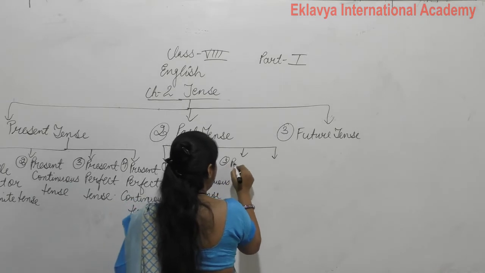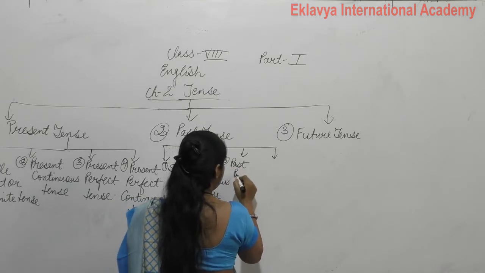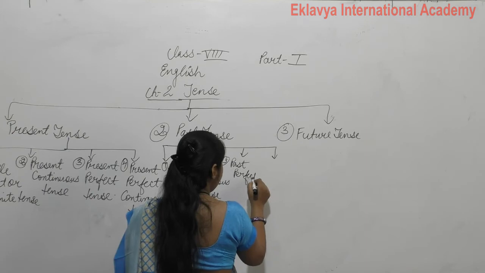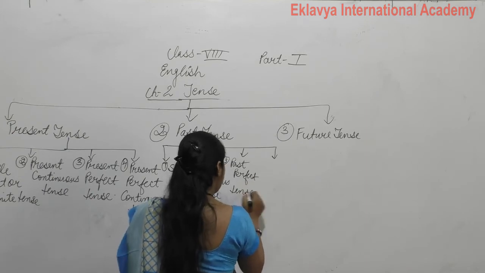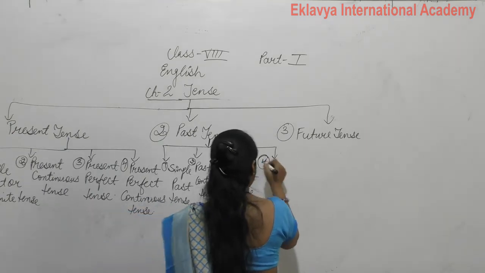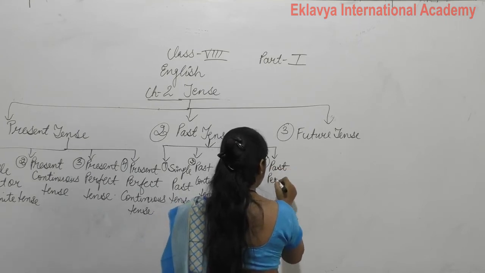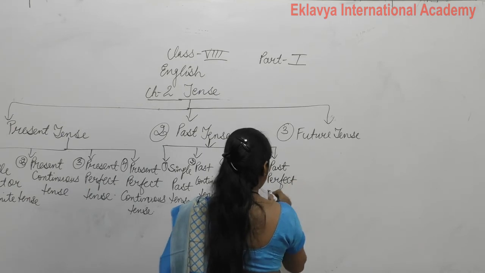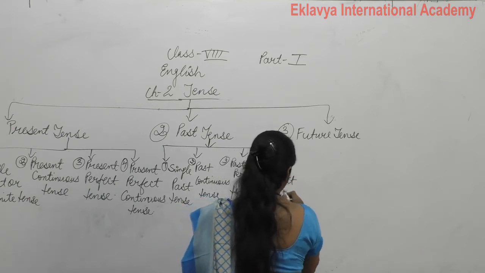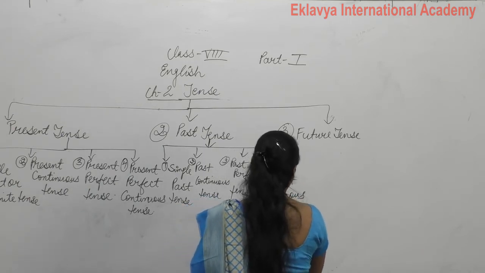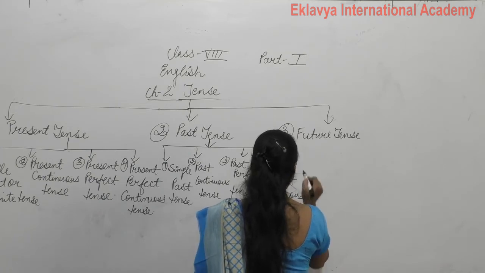Third is our past perfect tense, and fourth is our past perfect continuous tense.